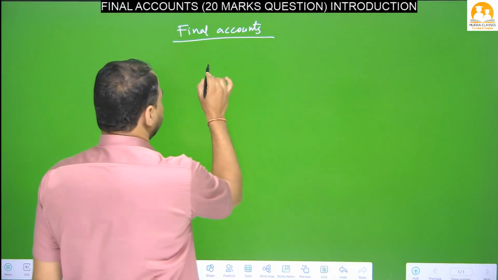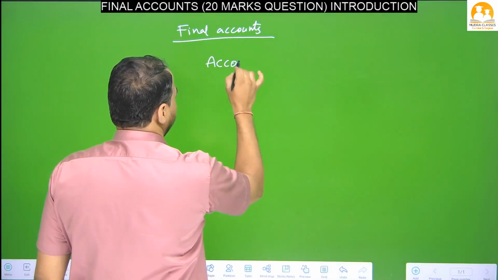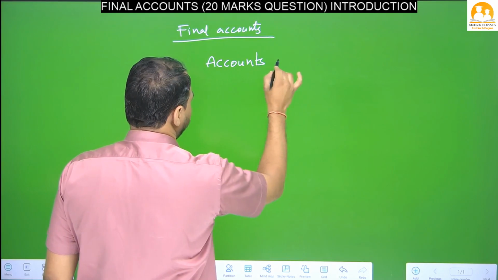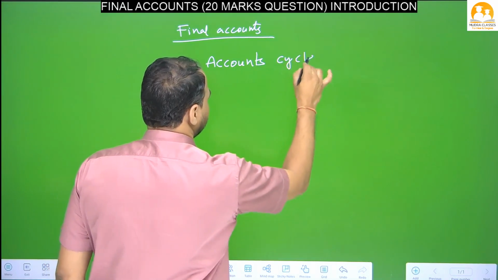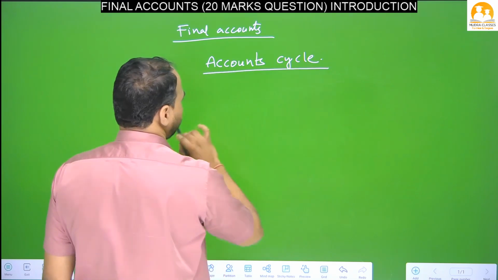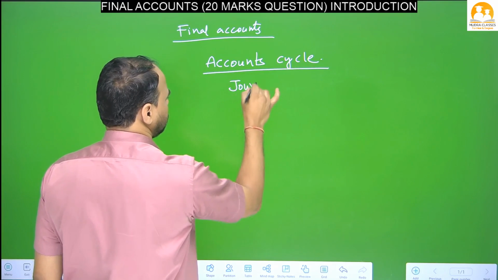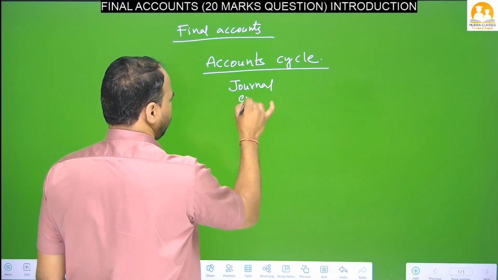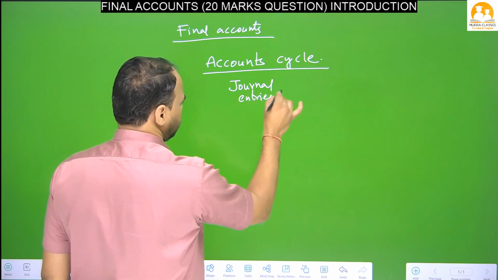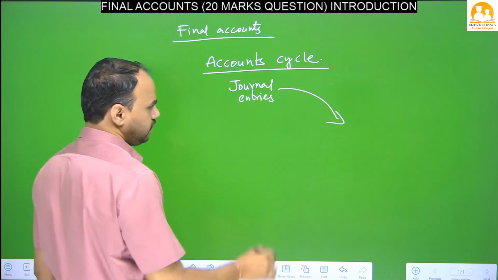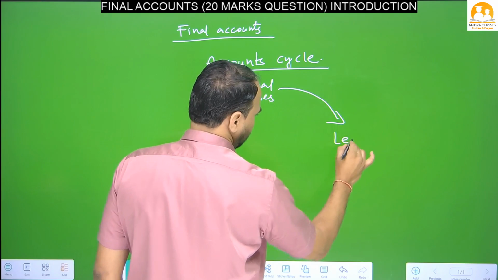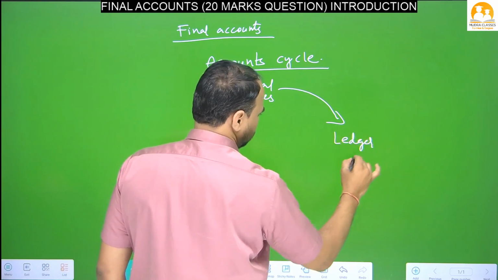One time I will remind you of the accounting cycle. In the introduction classes I explained about the accounting cycle. So what is the accounting cycle? First we will prepare journal entries. After preparing journal entries, these will be posted in the ledger accounts.